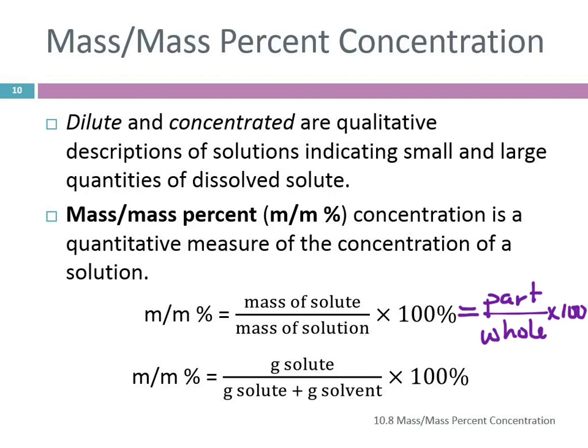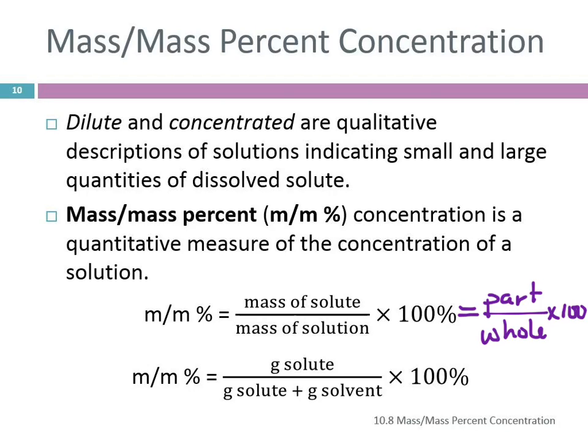My oldest son, when he went to kindergarten, there were 15 boys and 5 girls. So what percentage of the children were male? 15 boys, 5 girls. How many children in the class? 20. So 15 divided by 20, 75%.